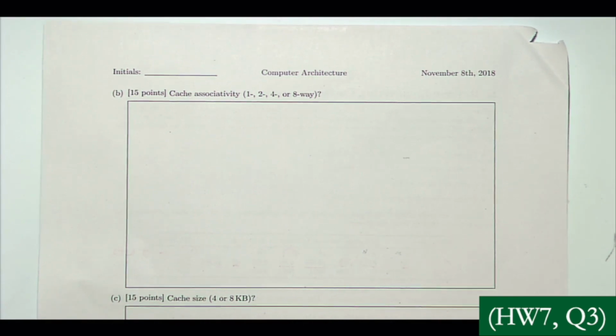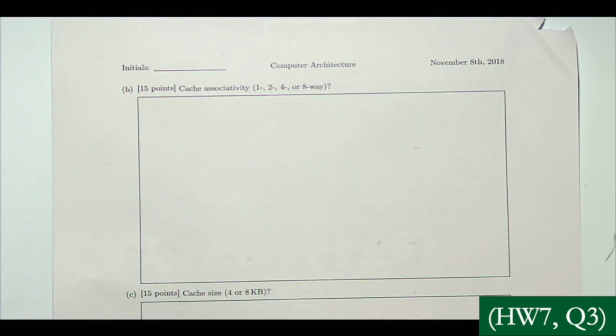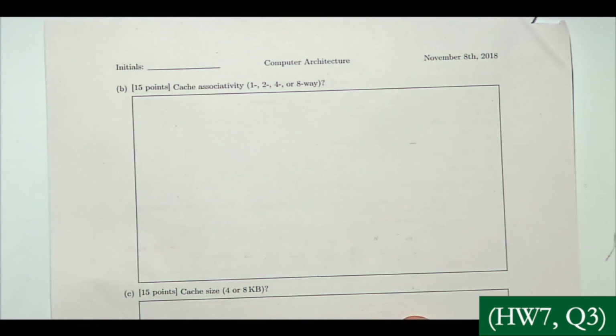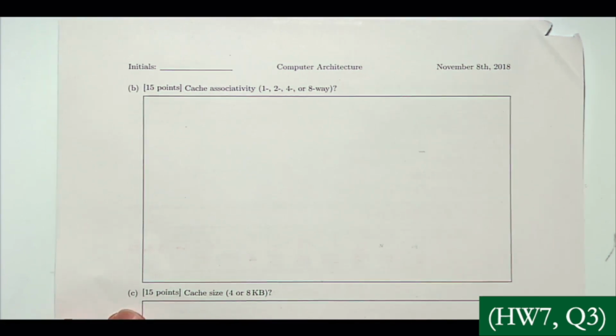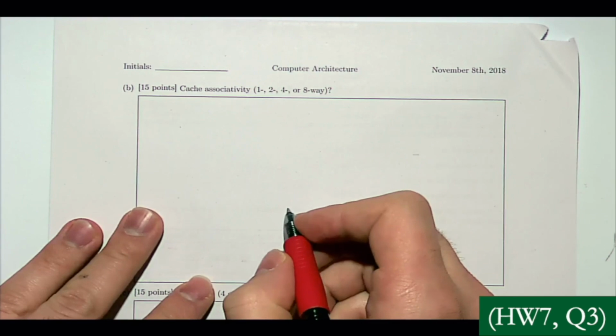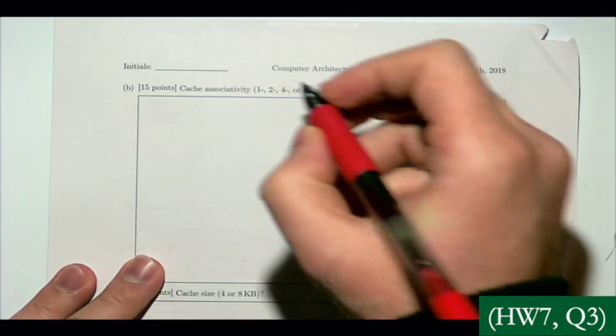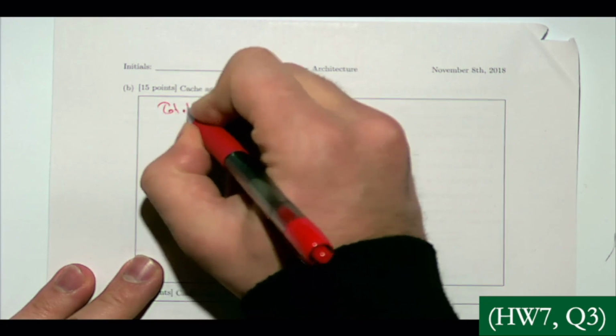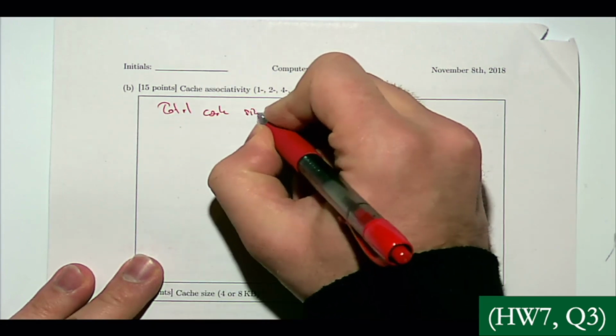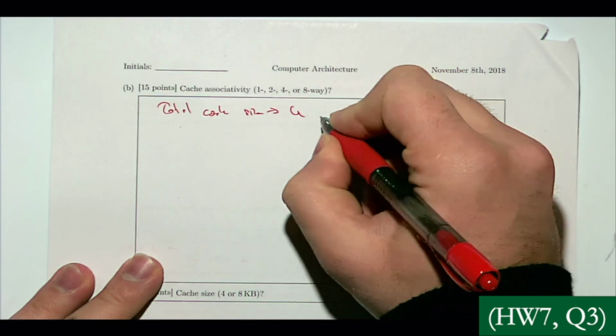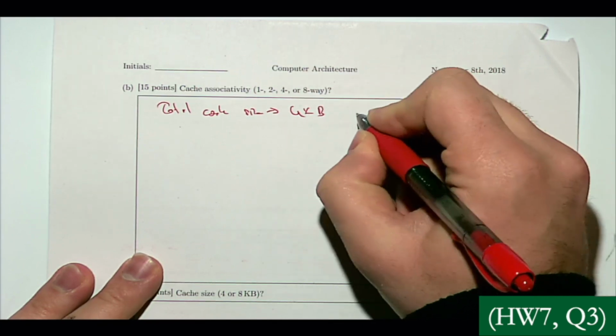For the second part of the question, we are asked to find the cache associativity. We're going to do the same, basically: try all of these, like 1-way associative, 2-way associative. For this one, we need to consider the total cache size, which is either 4 kilobytes or 8.